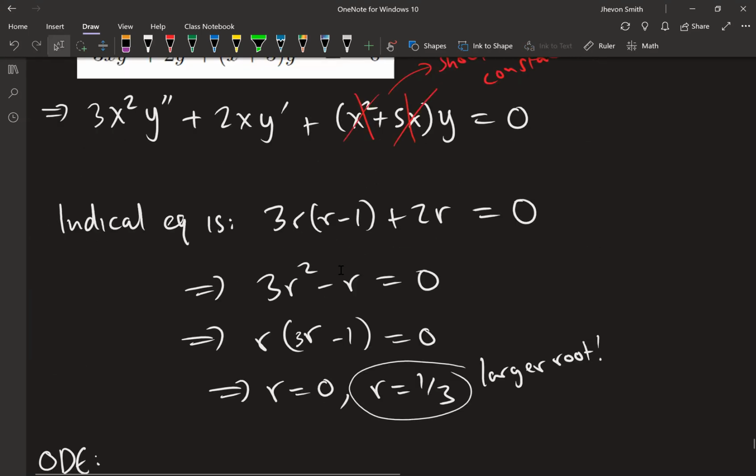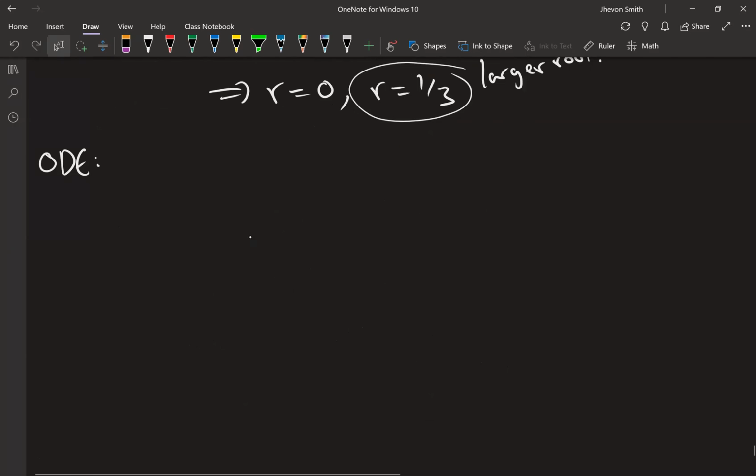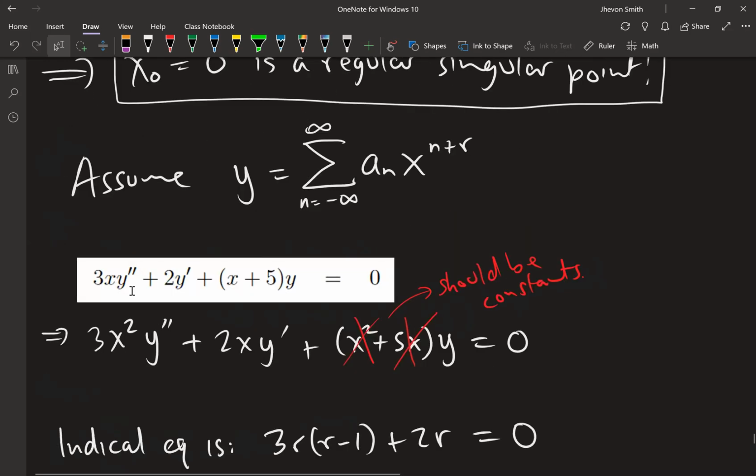Okay, so now we're going to go into the ODE and plug these in. So I'm going to have 3x squared times n plus r times n plus r minus 1 a_n x to the n plus r minus 2. That is my y double prime.